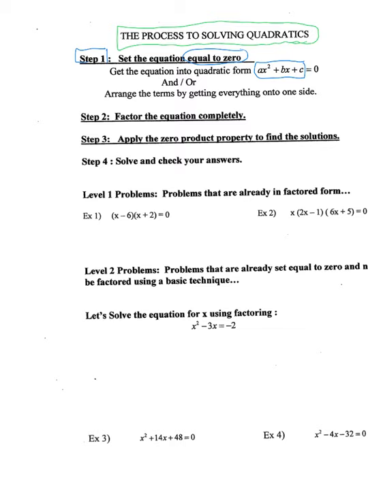And if we have to rearrange things to make it happen, we will. I'll give you an example. Then, once we're done, we want to factor that equation. So we have to set it equal to 0 first, and then we factor it.